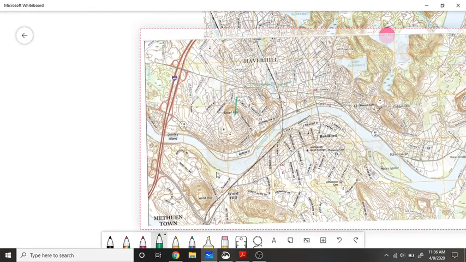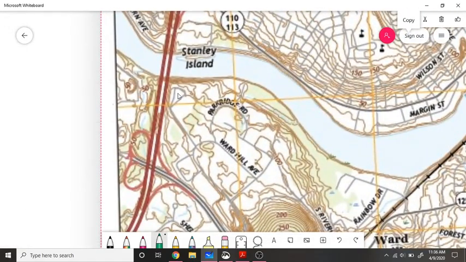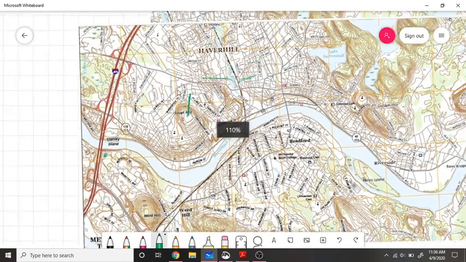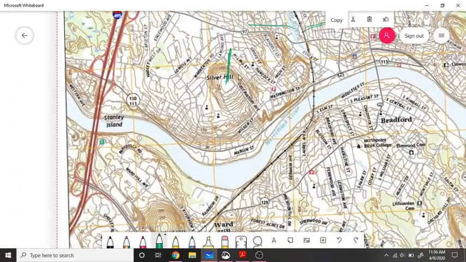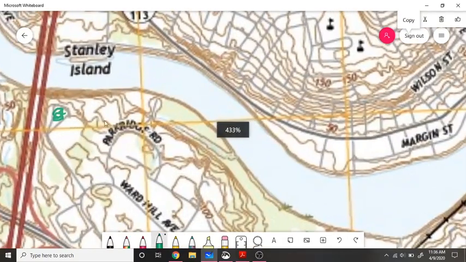Over here in Ward Hill, as I zoom back in, this area right over here is where our school is. So we are right here. And some of you guys have been out in the land behind the school. That's this.